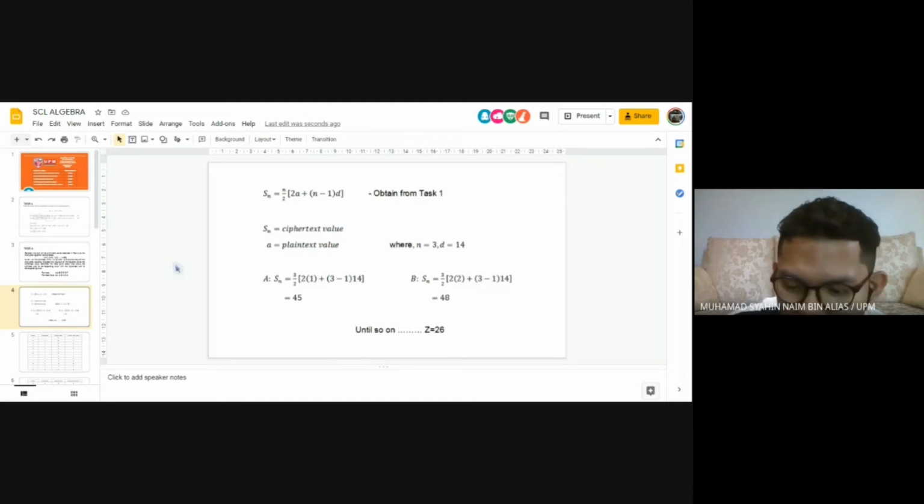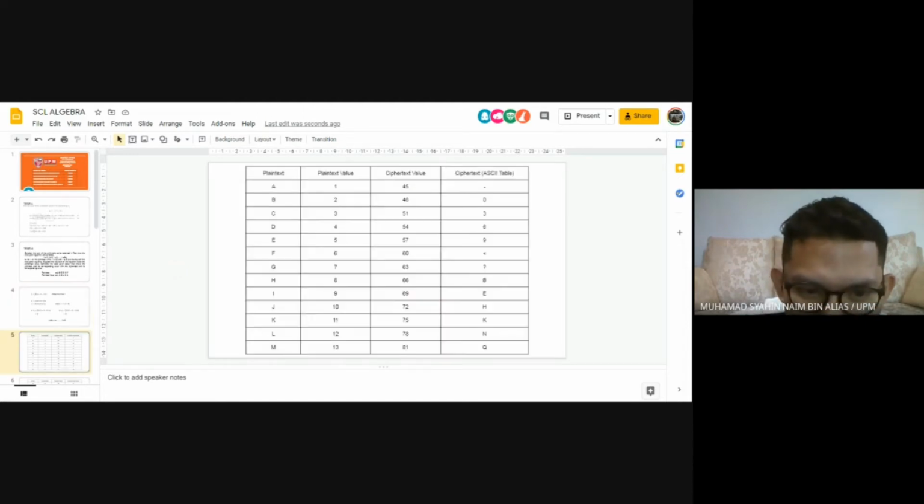So as we can see in the table, A, B, C, D, E, F, G until Z, the plain text values are 1 until 26.